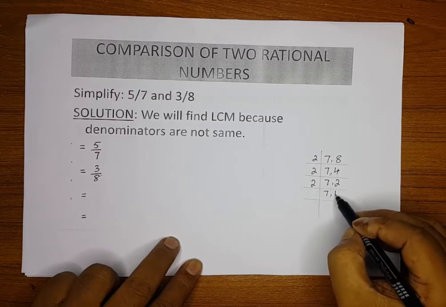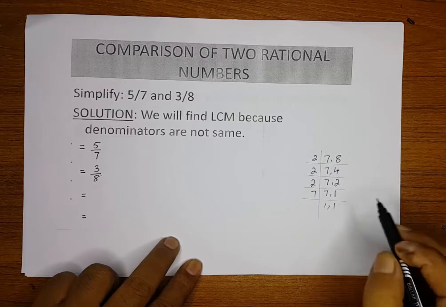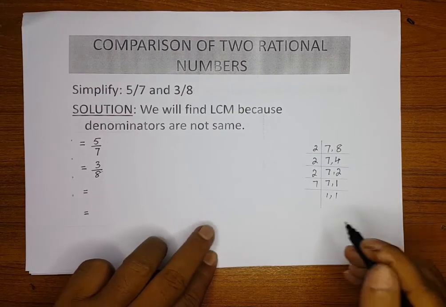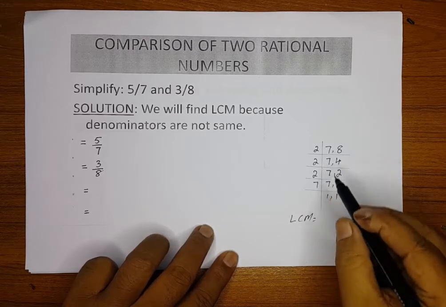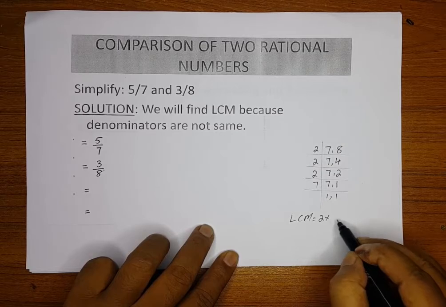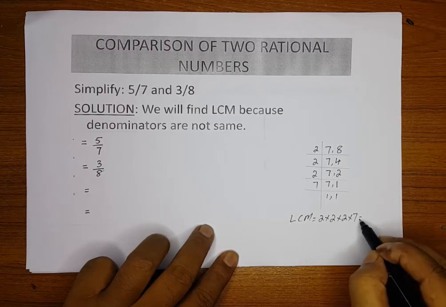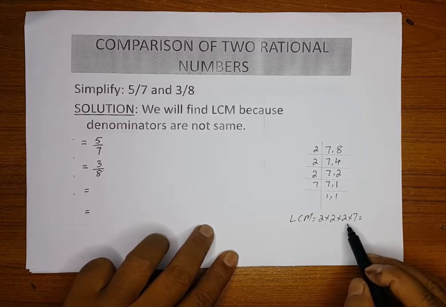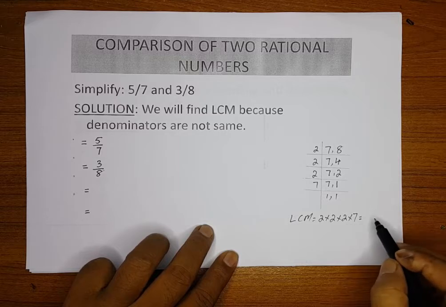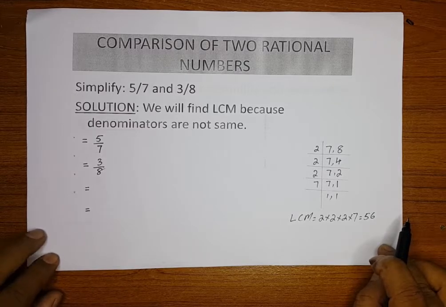So 2 ones are 2. Then 7 ones are 7. So we will write here LCM. Our factors are 2, 2, 2 and 7. So multiply: 2 twos are 4, 4 twos are 8, and 8 sevens are 56. So 56 is our LCM.